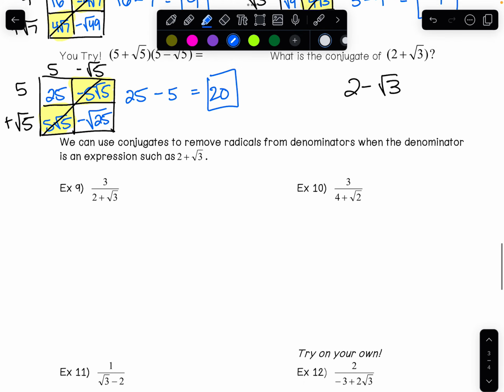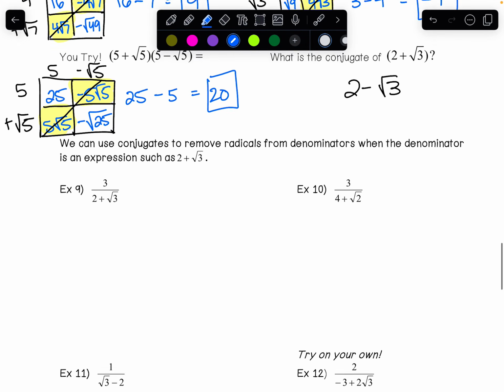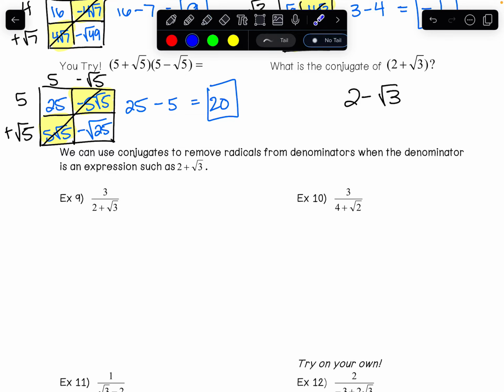We can use conjugates to remove radicals from denominators when the denominator is an expression such as 2 plus the square root of 3. Well, when we have two terms like this, we can use a conjugate to multiply both the numerator and the denominator. You just told me that the conjugate of 2 plus the square root of 3 was 2 minus the square root of 3.